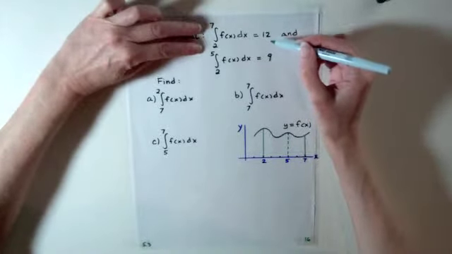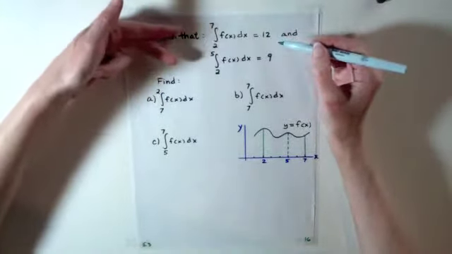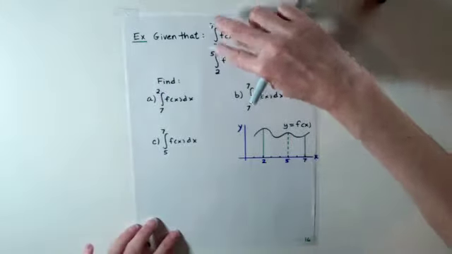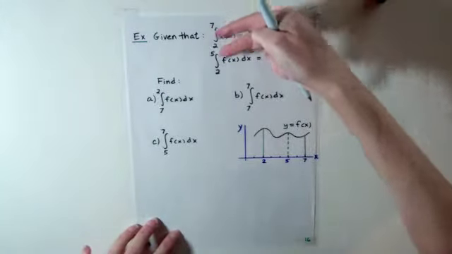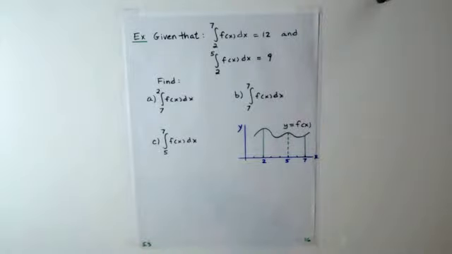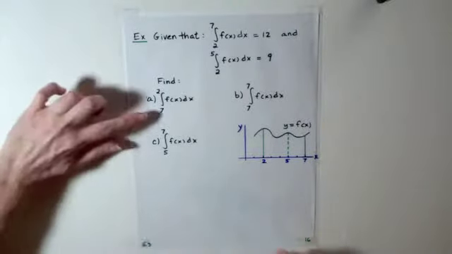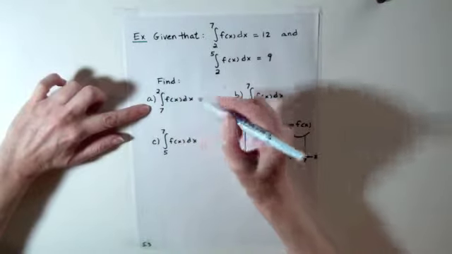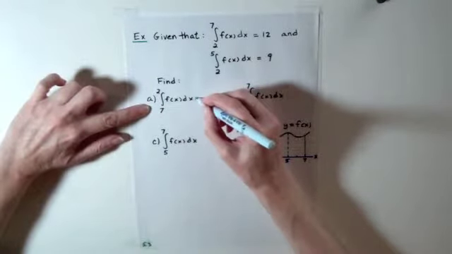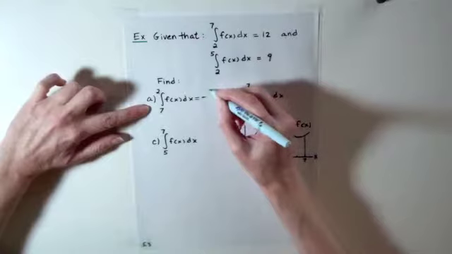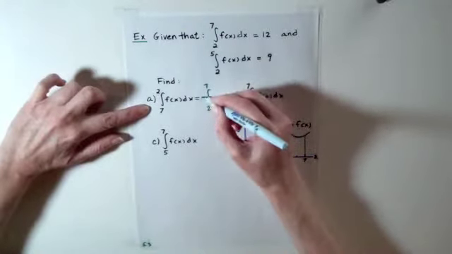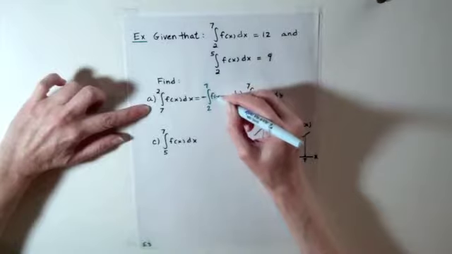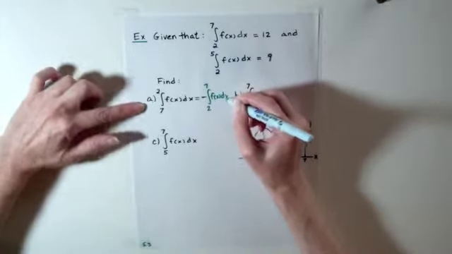Well, what did we say happens when you switch the limits of integration from 2 to 7 to 7 to 2? Remember, we said that exactly switches the sign of the definite integral. So the integral from 7 to 2 of f of x dx should be exactly minus the integral from 2 to 7 of f of x dx. And which property was that?